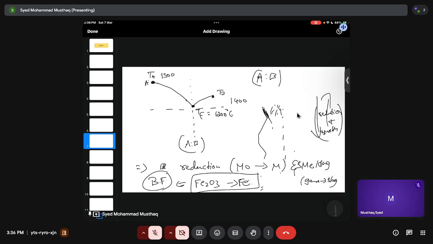That means carbon will be oxidized to CO2, and because carbon dioxide is not stable at the temperature, it will again react with C and give you carbon monoxide. So this normally happens. Carbon monoxide is a very good reducing agent, so it will reduce your oxides and form carbon dioxide. And you can even add hydrogen also. It depends on what you are trying to do.